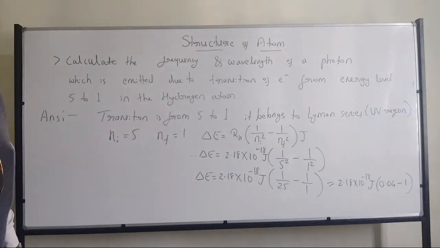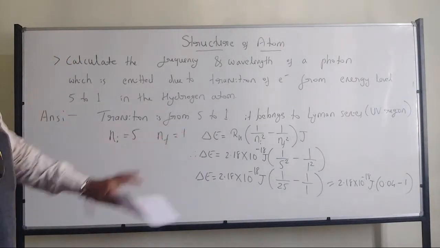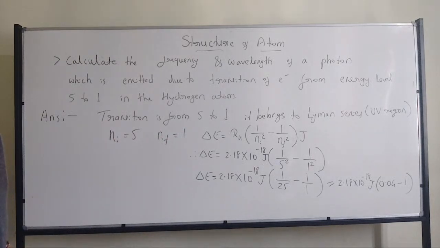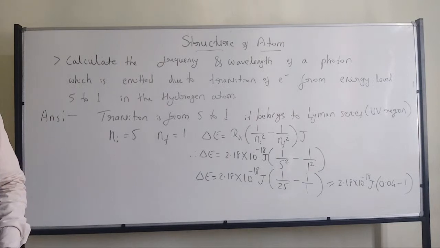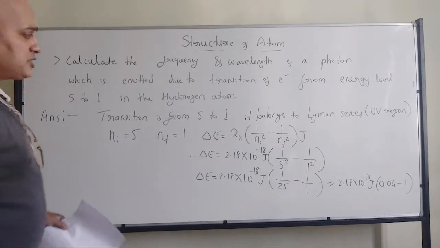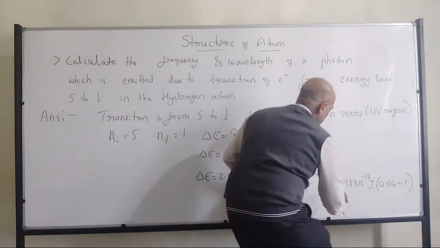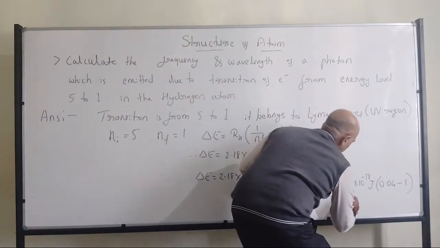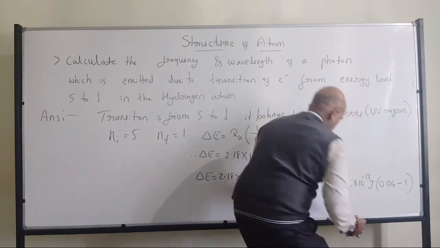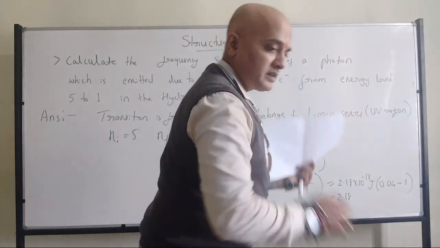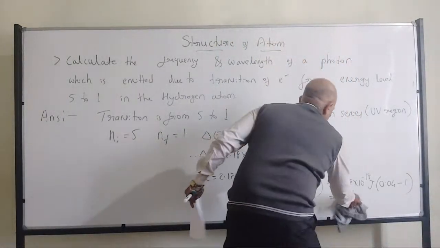Okay, that's what I have written. So 0.04 minus 1. All of you have understood? So next we have to solve it. I will write this side only.